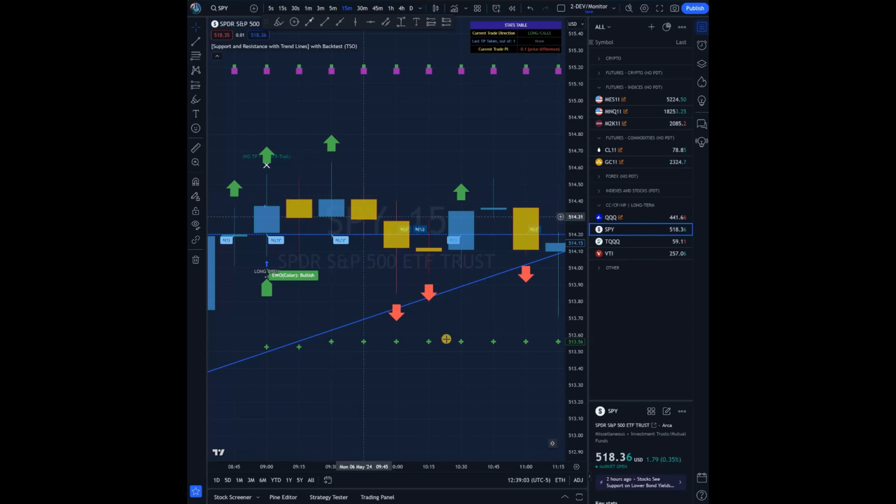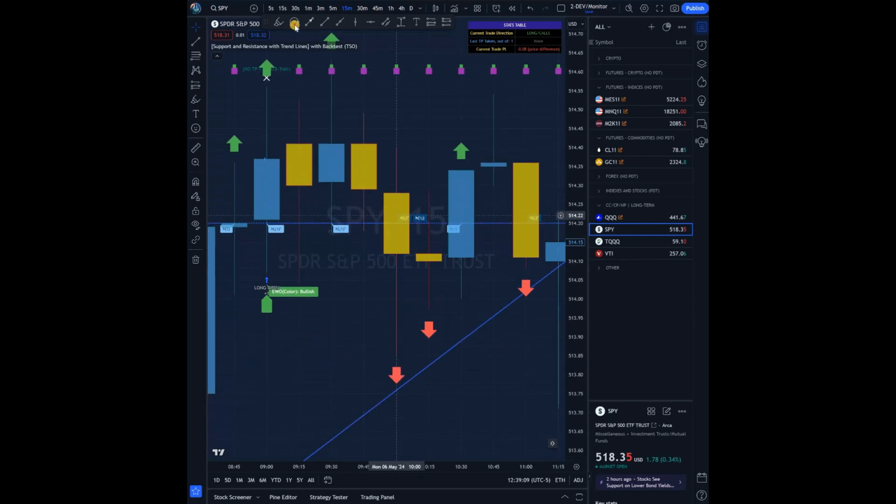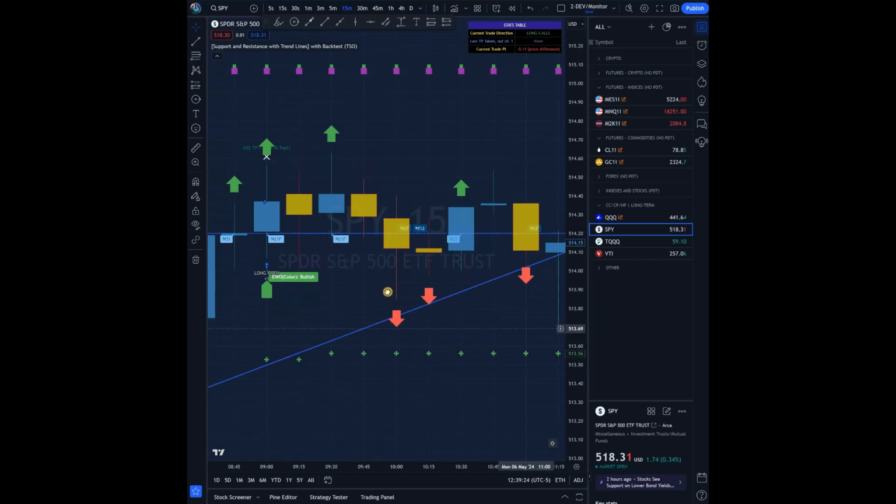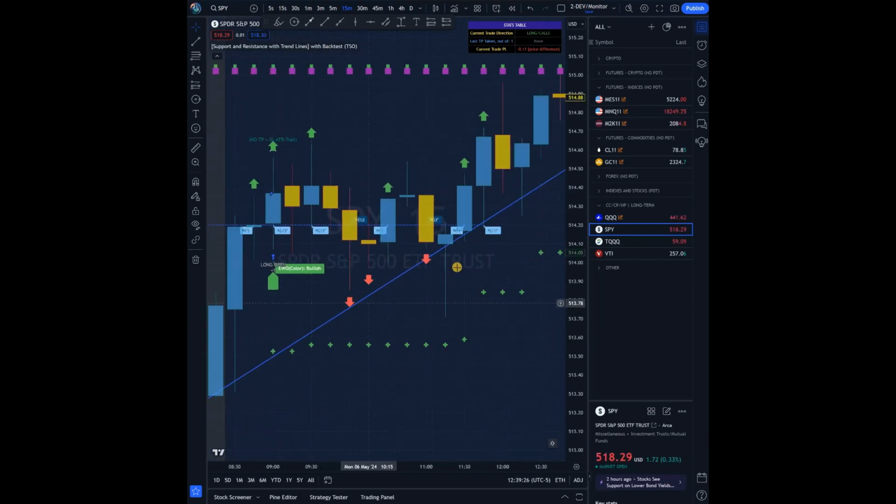For example, this yellow one has no arrow, even though it did cross. You can see that it crossed the level, but there was no arrow. It was there when it crossed, but when it went back, the arrow disappeared. So you would still get an alert, but then it went back. So it can be used for scalping.